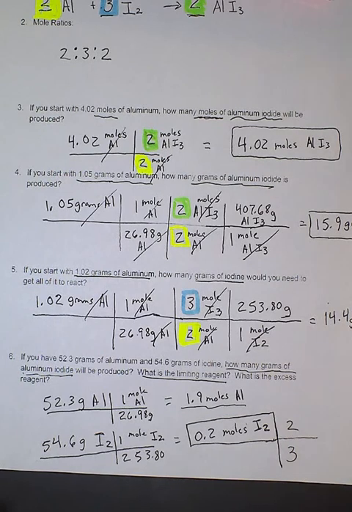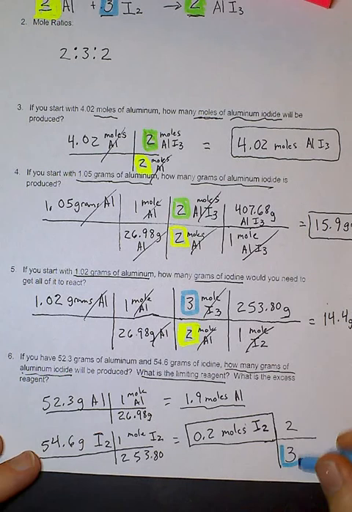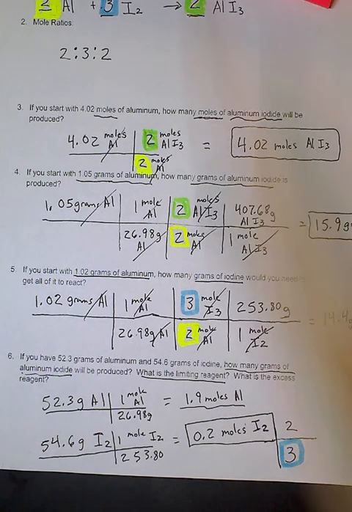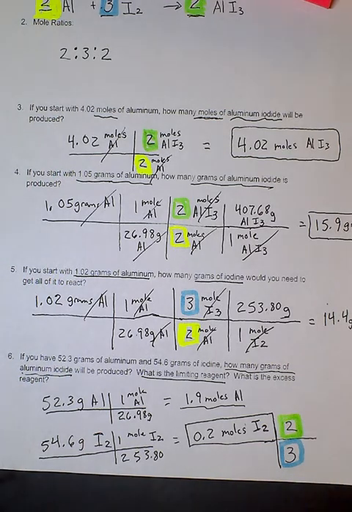Then I want you guys to figure out the rest of the problem, how many grams of aluminum iodide will be produced. This would be this 3. Remember, we're making moles of aluminum iodide. So that's our ratio. Go ahead, figure out that last part of that problem.